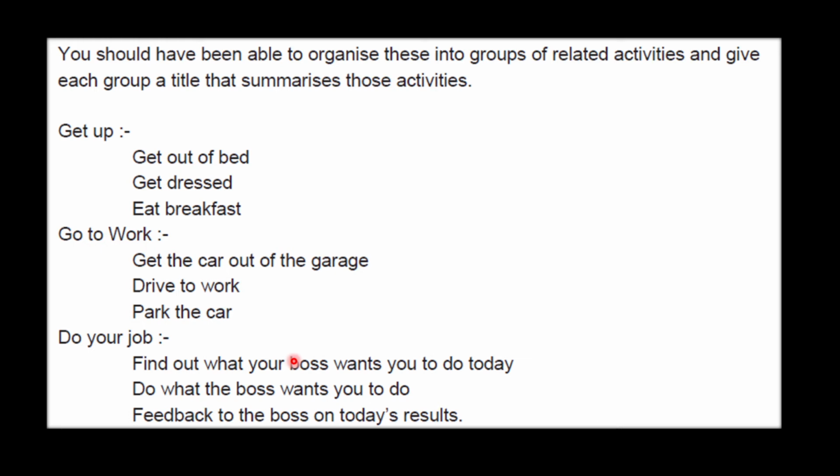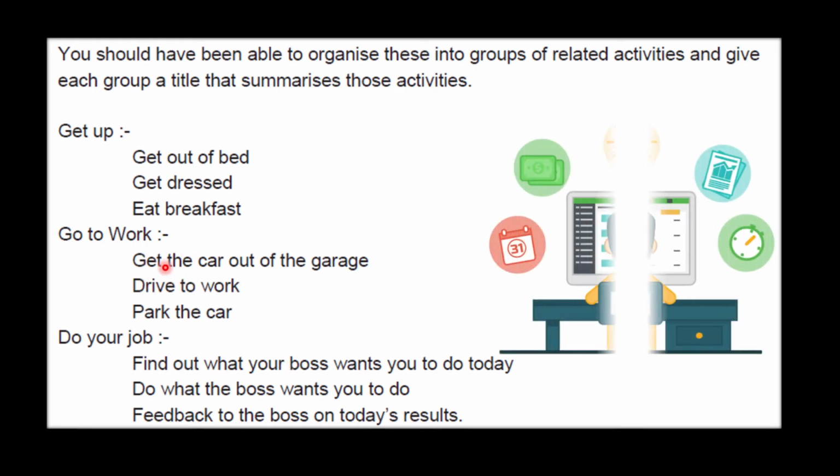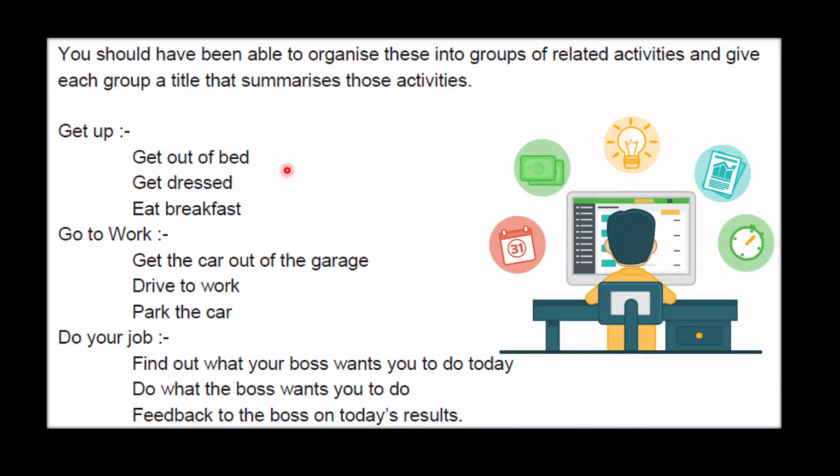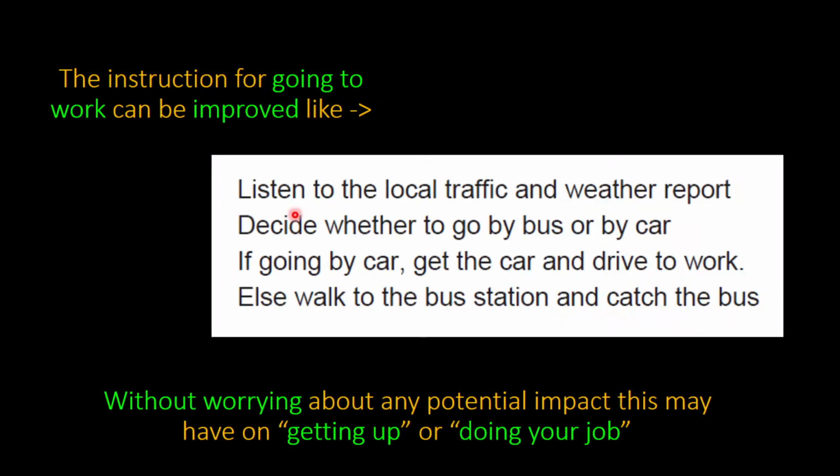One of the advantages of this arrangement is that you can even try to customize your work. For example, we have going to work as one of the activities here, and I've arranged it in order. This going to work can be improvised in such a way that while I'm driving, I can listen to the local traffic and weather report in my car, and I can decide whether to go by bus or by car.